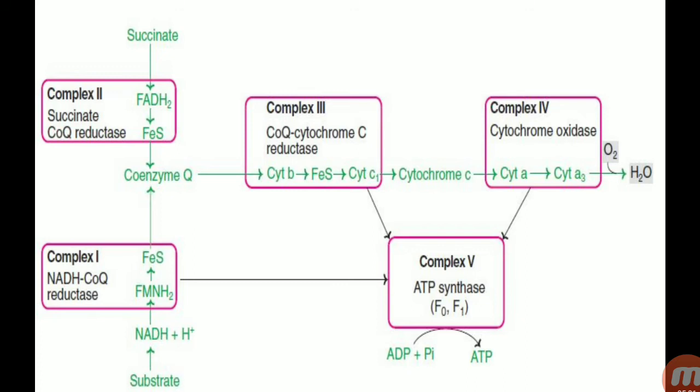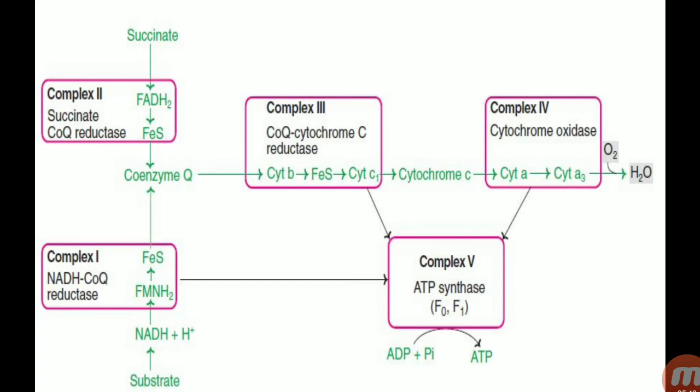I mean to say, when the electron transfer takes place through this pathway, after that, when everything is done, the ATP synthesis takes place with the help of complex 5, and complex 2 comes from the other route, and it enters directly into complex 3.